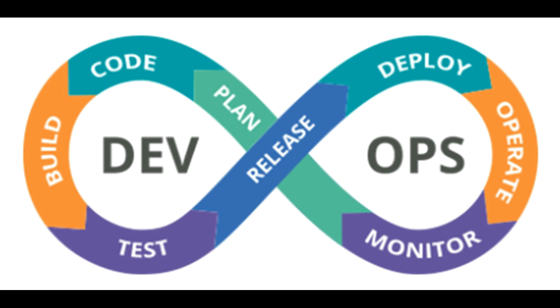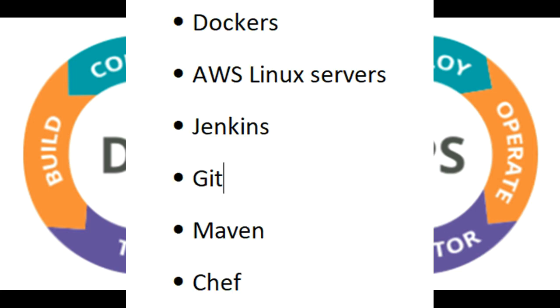Let us look at some of the tools that are used for DevOps. These are the most commonly used tools for DevOps: Docker, AWS Linux servers, Jenkins, Git, Maven, Chef.